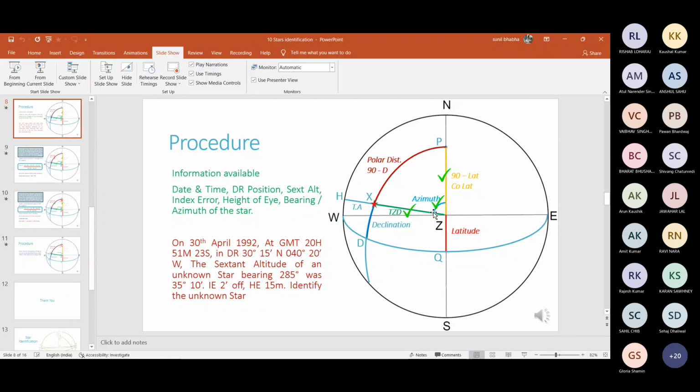And third is this angle Z, which is the azimuth. We have the azimuth of the body 285, so we can find out this angle Z. So with these three, we are now able to apply the cosine formula and calculate the required parts of the triangle.